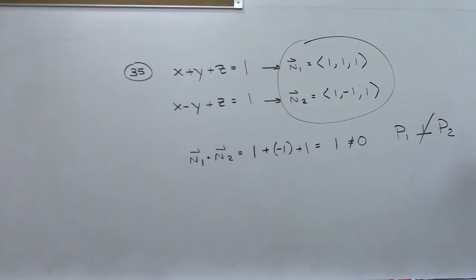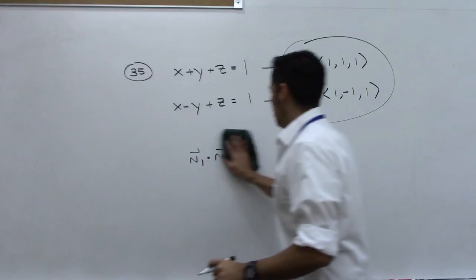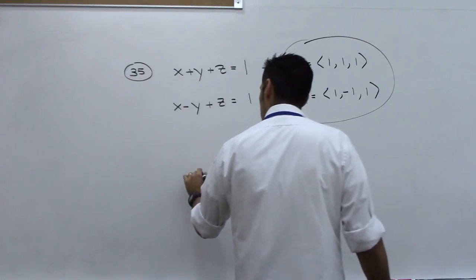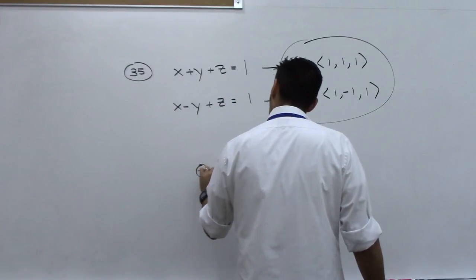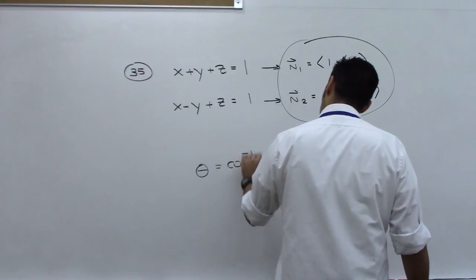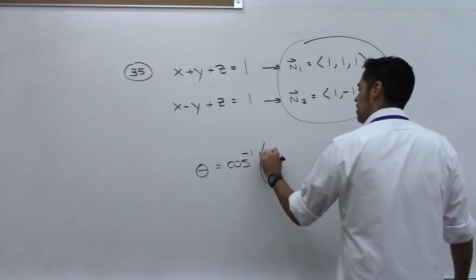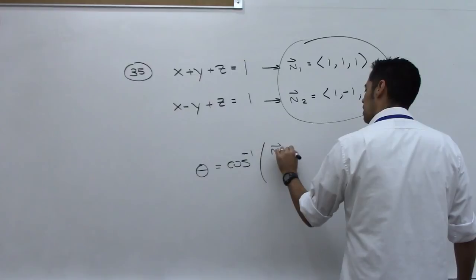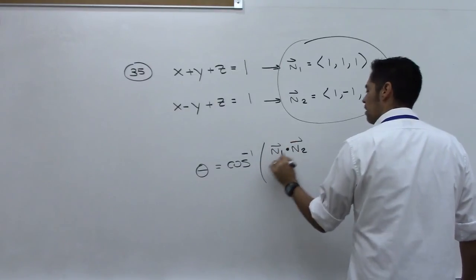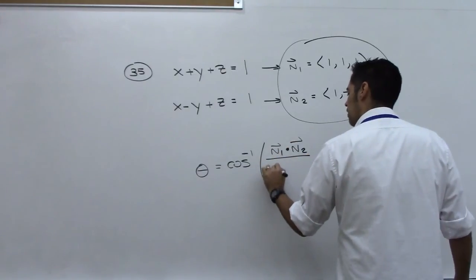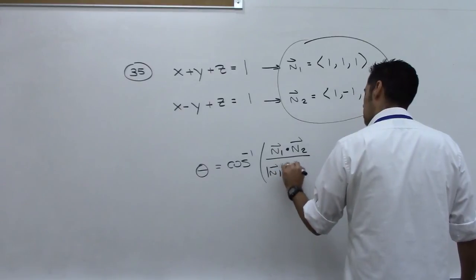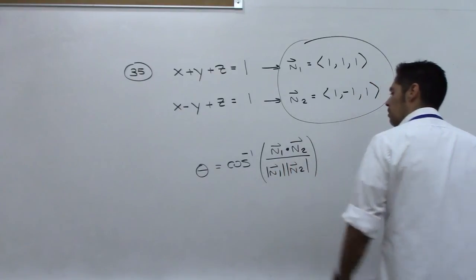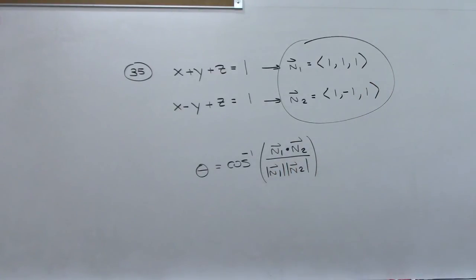So how do you find the angle between those two vectors? We go back to a formula we had. Theta equals arc cosine of, in this case, n1 vector dotted with n2 vector over magnitude of n1 times magnitude of n2. Whatever that is, is the angle between them.